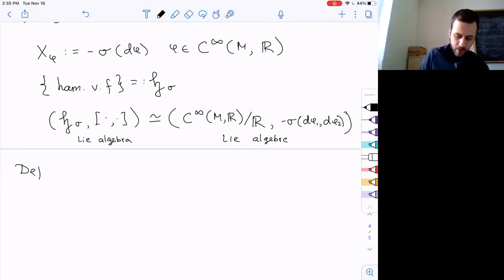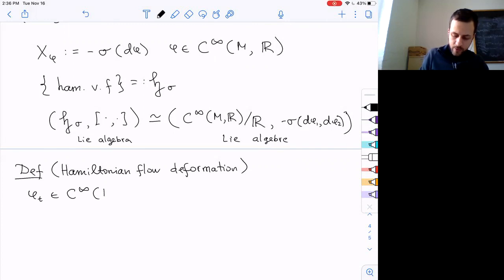So now let me make a key definition. This is the Hamiltonian flow construction. Hamiltonian flow, I call it a deformation. We take phi sub t, a one-parameter family of smooth functions on your manifold M, and really everything depends on these functions up to a constant.